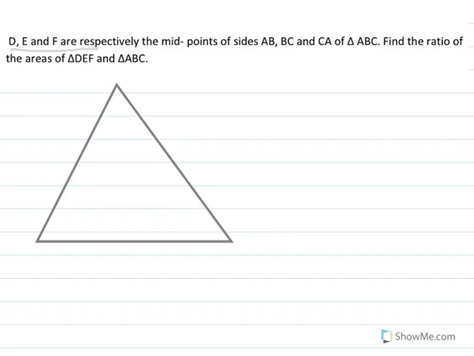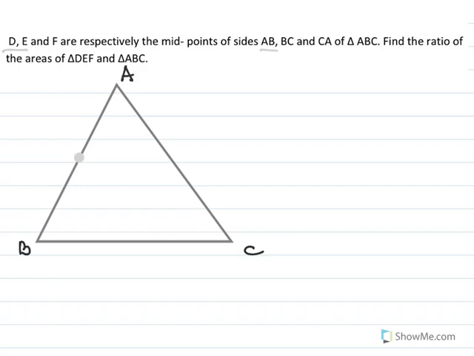D, E, F are respectively the midpoints of sides AB, BC, CA of triangle ABC. So here we have triangle A, B and C. Now they said that D is the midpoint of AB. So let's mark that, somewhere here.